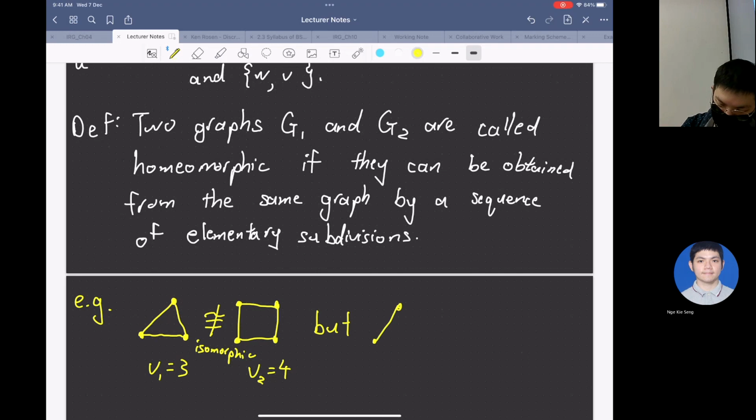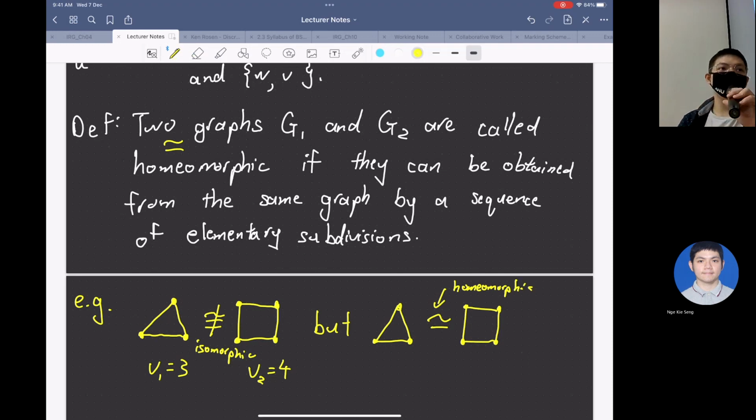But the triangle is homeomorphic to the square. Let's put this as homeomorphic, one line homeomorphic. Why is it homeomorphic? Because I can just subdivide one edge and then I get a square.